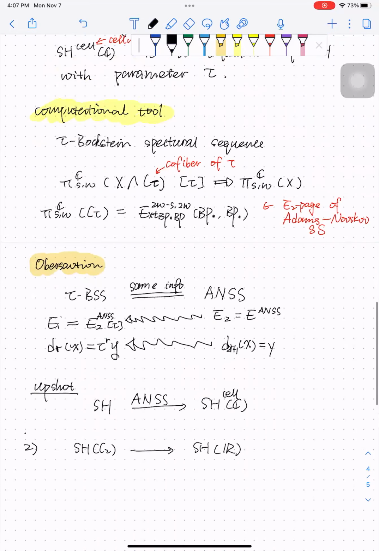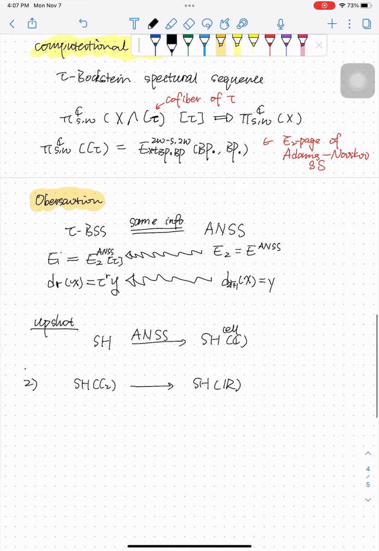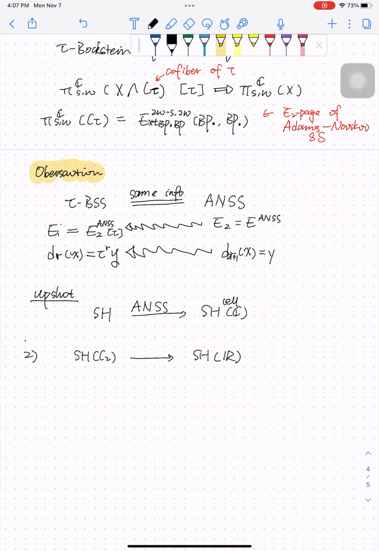That is, we have a theorem which tells us that a certain variation of the cellular R-motivic category can be thought of as a deformation of the C2-equivariant category. This is a theorem by Burklund, Hahn, and Senger.